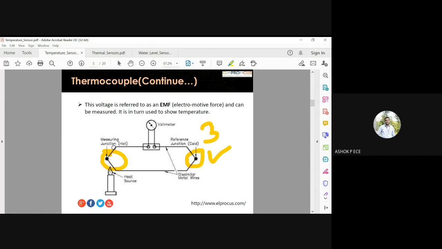I'm going to use two different metals. You see, one metal is like this, one metal is like this. So I'm going to use two different metals.